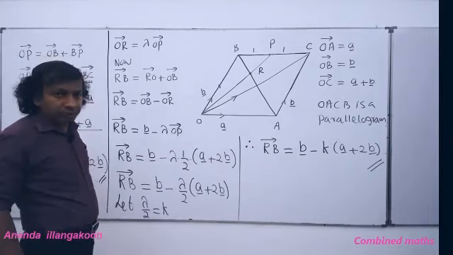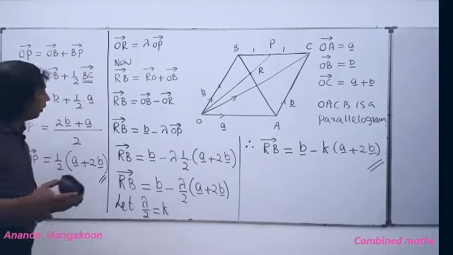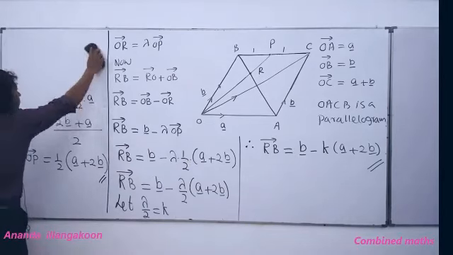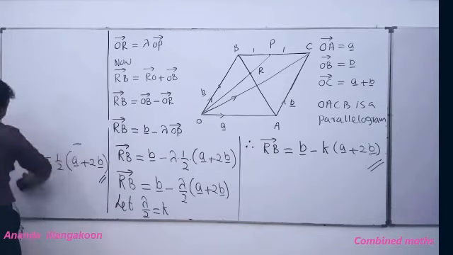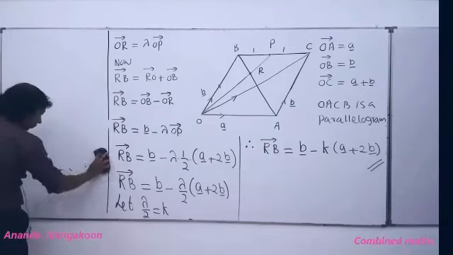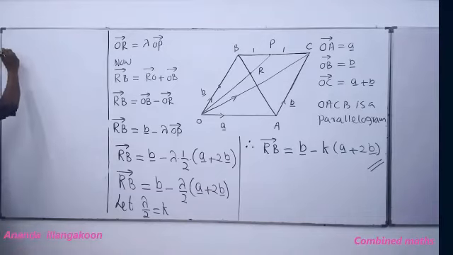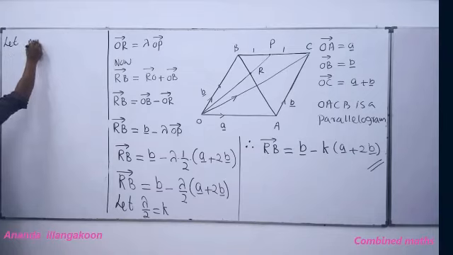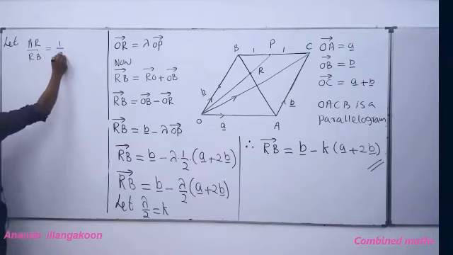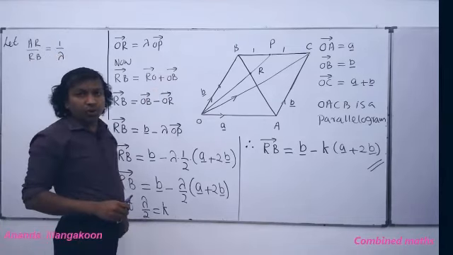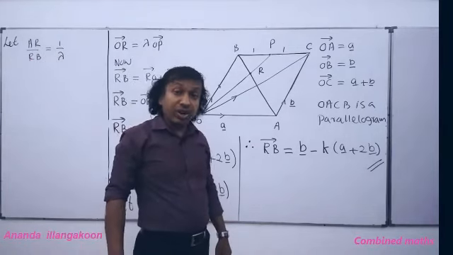This RB we have. Let AR divided by RB be 1 upon lambda. This way we assume the AR to RB ratio as 1 is to lambda.